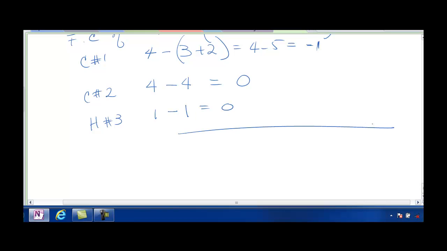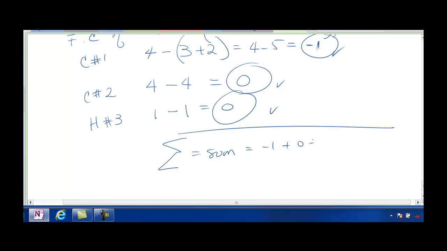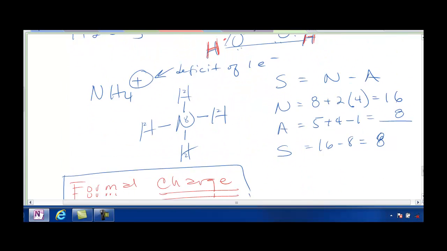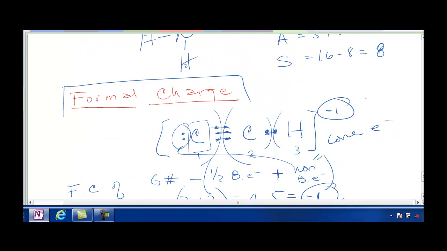If I add the formal charge of all my elements, which is minus 1 plus 0 plus 0, the sum of my formal charges, minus 1 plus 0 plus 0, I get the charge of the ion, because this was an ion. That was a very amazingly great Lewis dot structure.